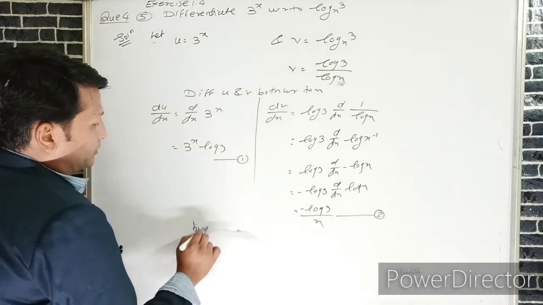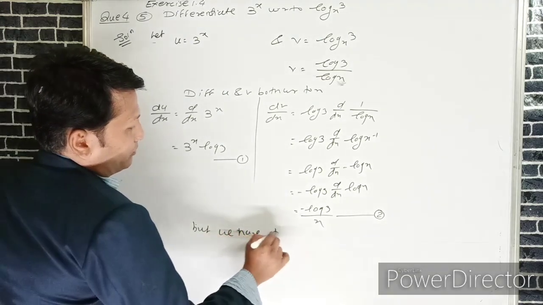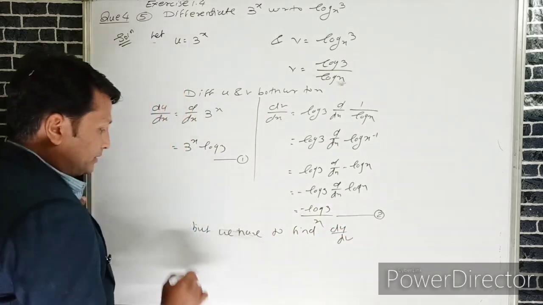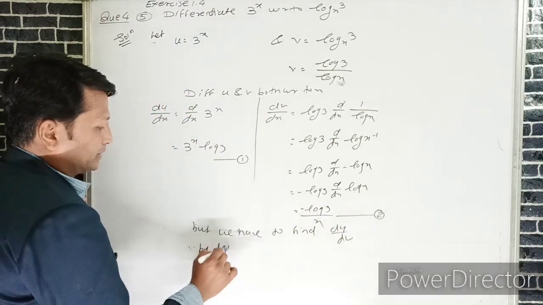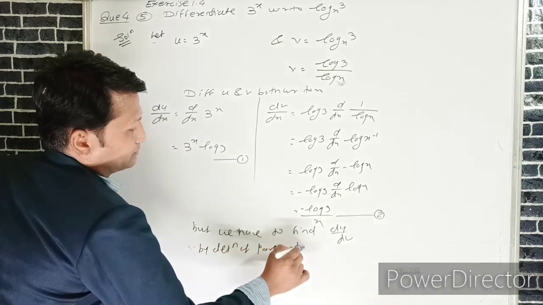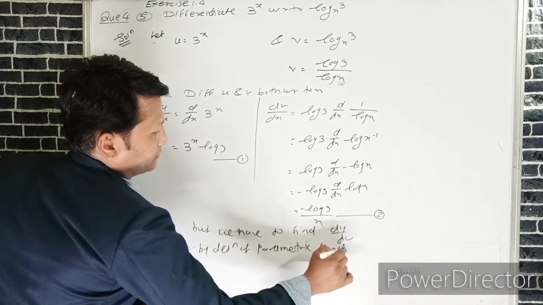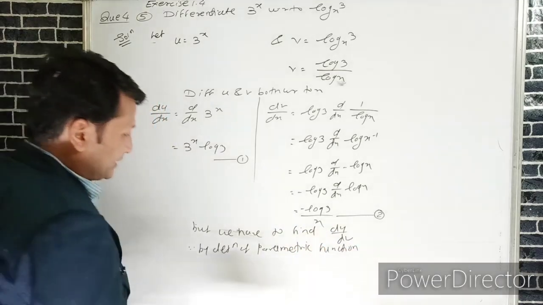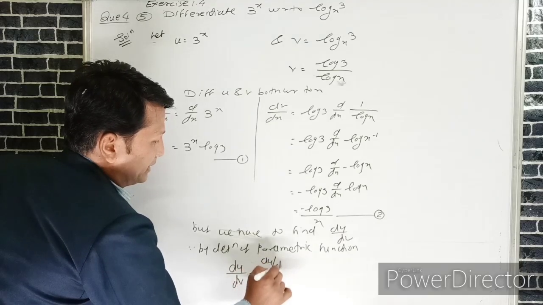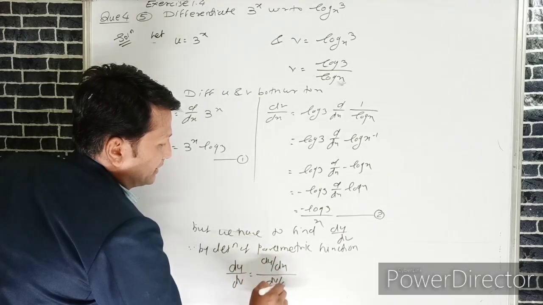But we have to find du upon dv. Therefore, by the definition of a parametric function, we can write du upon dv is equal to (du by dx) upon (dv by dx).